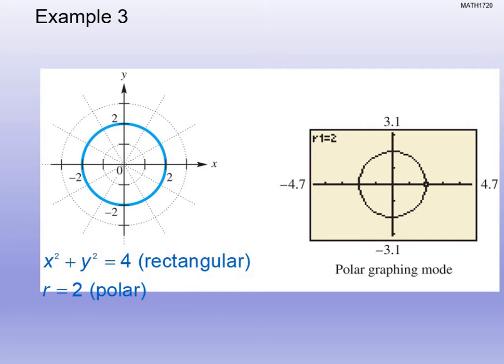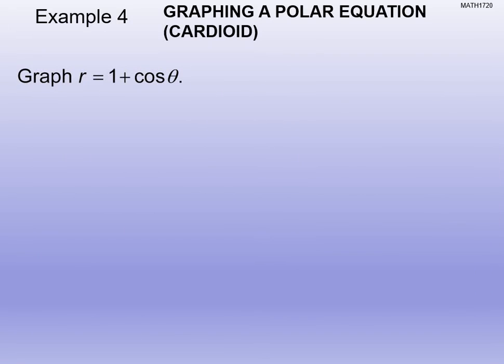You would have had to do plus or minus the square root of 4 minus x squared. The plus would give you the top half of the circle, and the minus piece would give you the bottom half. But when you're actually in polar coordinates, you can graph the circle in its entirety. So we can graph this.